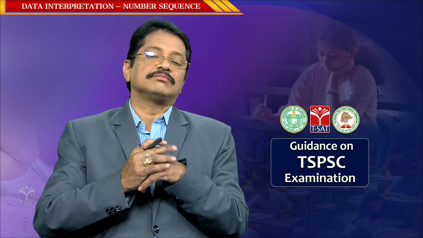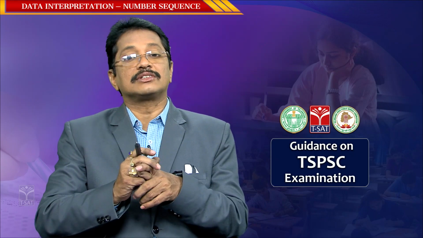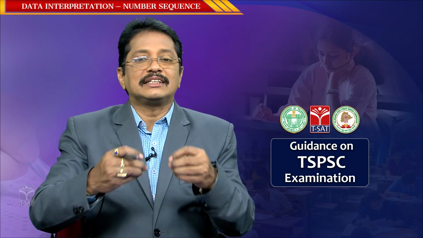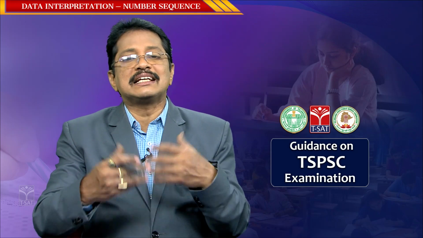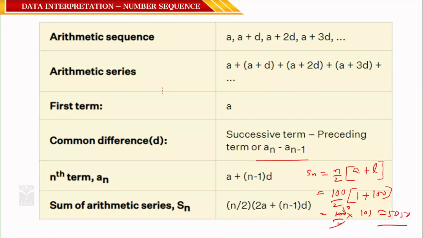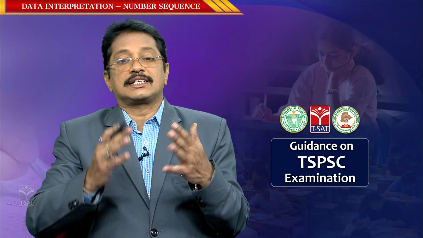It is 10,000. I can say 10,000 directly. How am I going to say this? Because the sum of n odd natural numbers is n square. You can check it: 1 plus 3 is 4, which is 2 square, 1 plus 3 plus 5 is 9, 3 square, correct.